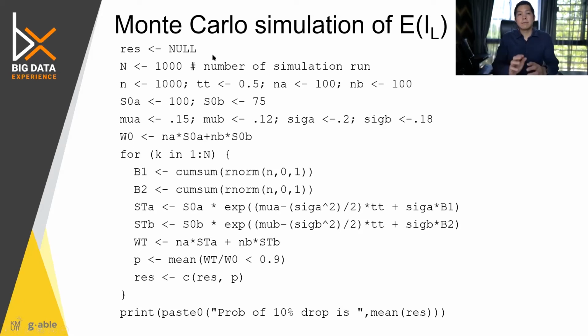First line here, I just initialize the results list to be null so that it can be concatenated later, and then calculate the mean out. So this is the list that will contain the result. And then using capital N equal 1000, the number of simulation runs, the times that I will repeat the experiment.